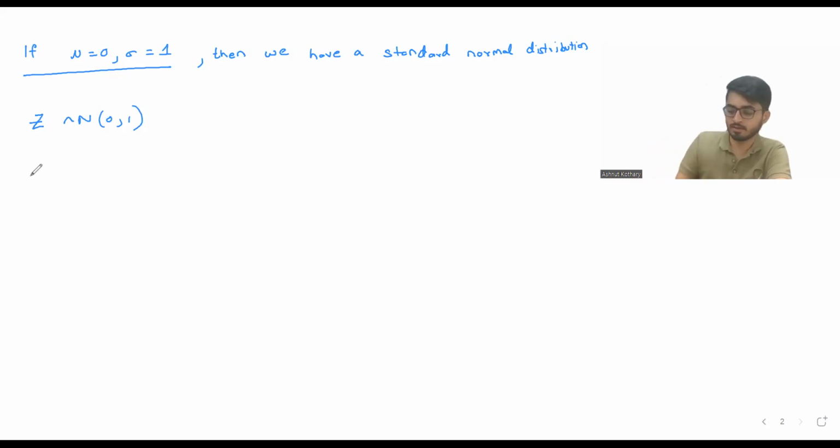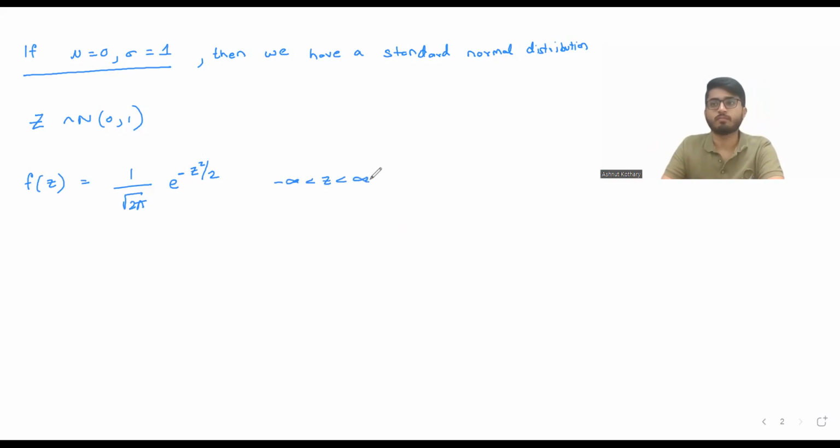And if we again take a look at the PDF, this will reduce to 1 by root 2 pi e to the power minus z square by 2. You can substitute sigma as 1, mu as 0, and the PDF will be reduced to this form.